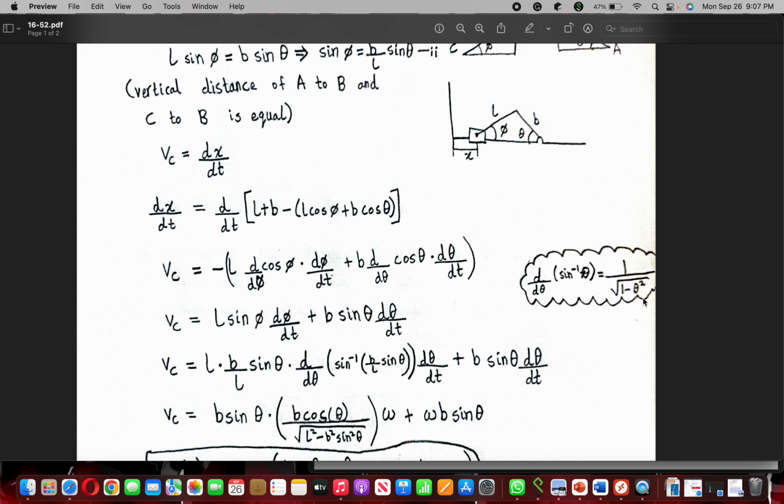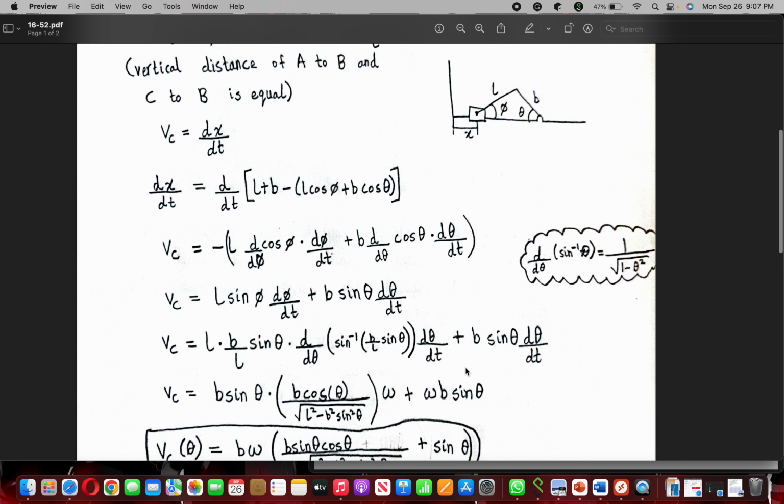So over here, we do the differentiation. We get b sin θ, and in bracket we get b cos θ divided by under root L square minus b square sin square θ, and over here is omega because d theta over dt is omega.